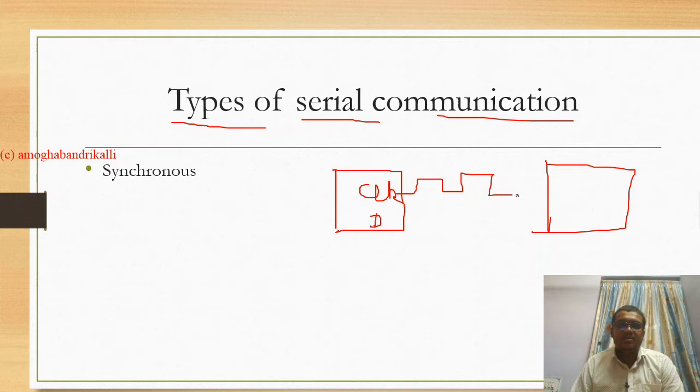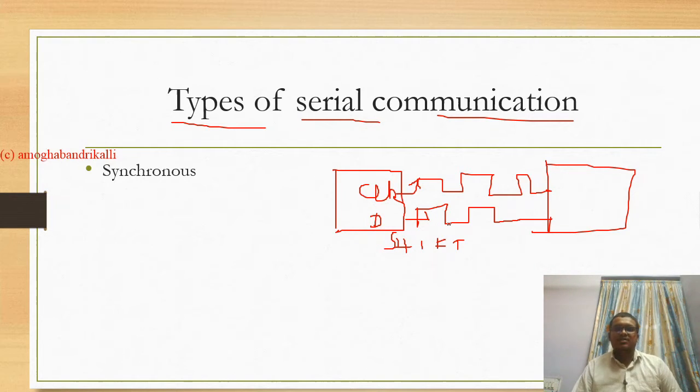With respect to the clock, the data is pushed. Whenever there is a change in the clock cycle, the data is shifted through shift registers, one by one. We have shift registers at both the transmitter and receiver. For every clock, the data is shifted by 1 bit.